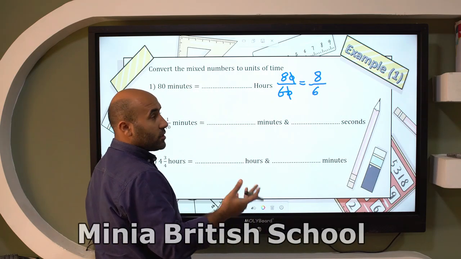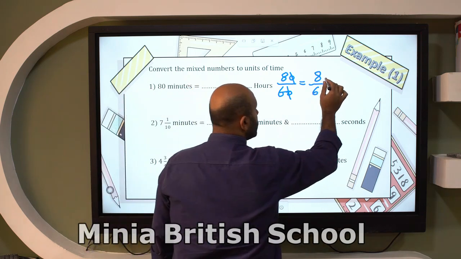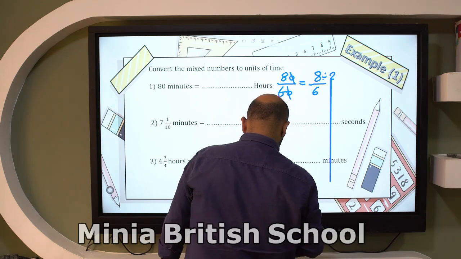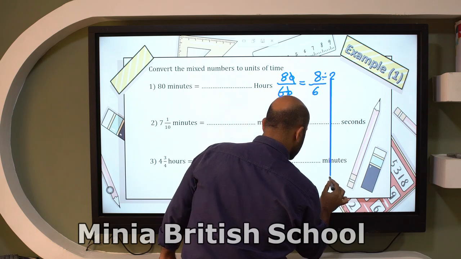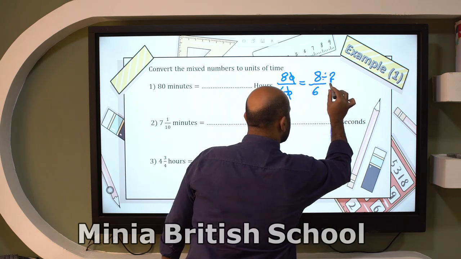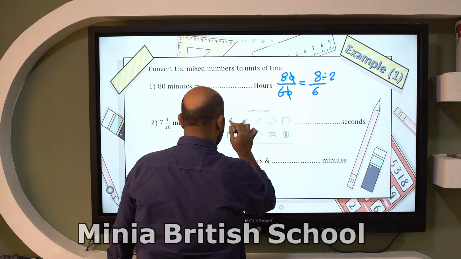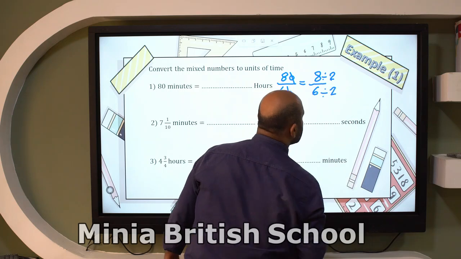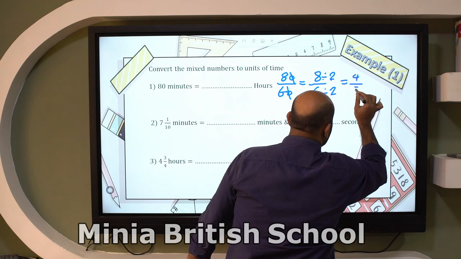Let's simplify it. As you all know, both of them are divisible by 2. Divide by 2, divide by 2, so it will be 4 over 3.